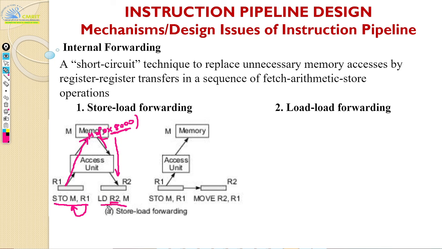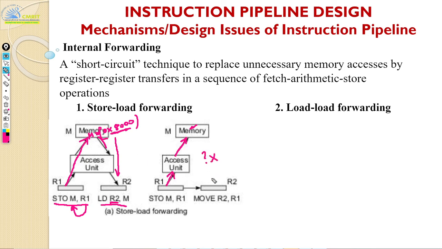Now what can be done? Can you optimize this? Of course you can. The common sense is what? You will continue with the store, because your memory has to be consistent. You will do the store here, but when you're going to do the load, you will not access memory. Why do you need memory access here?